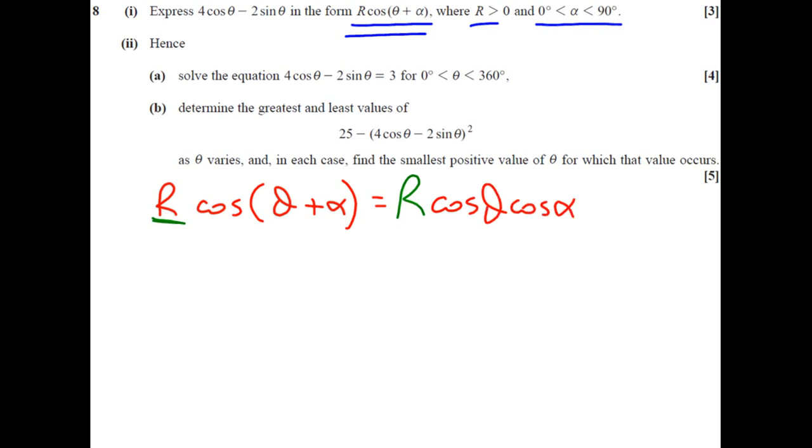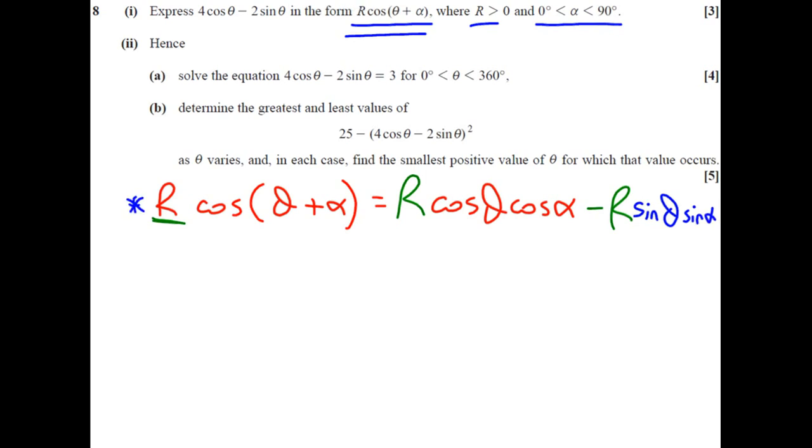And our second term is going to be, remember we need the r as well, r sine theta sine alpha. And I've just re-looked at the formula, and that should be a minus. Right, so we set this up using the formula.